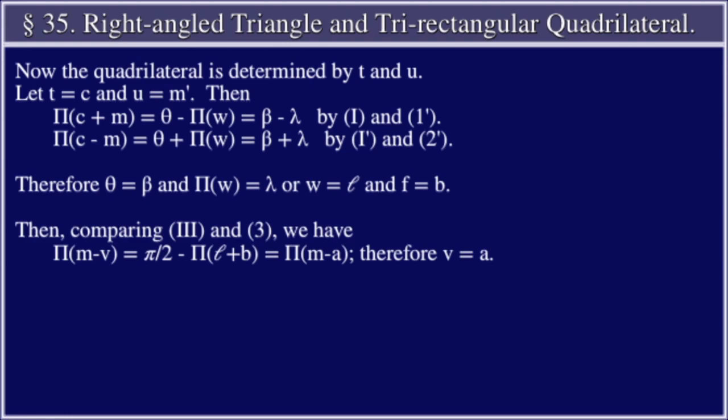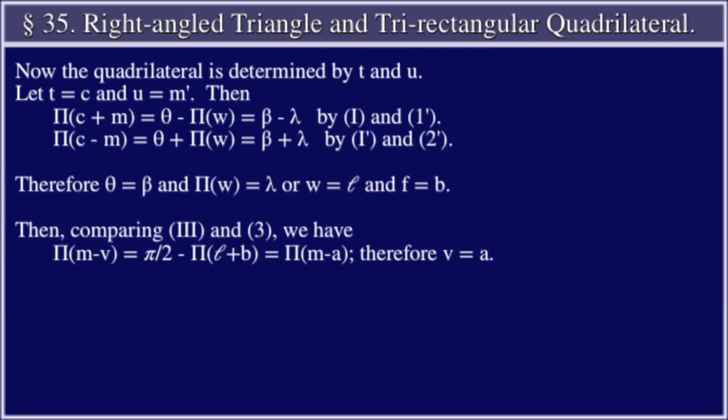The parallel angle of C minus M is equal to θ plus the parallel angle of W, equal to β plus λ from equations I prime and 2 prime. Therefore, θ is equal to β, and the parallel angle of W is equal to λ, or W is equal to L, and F is equal to B.